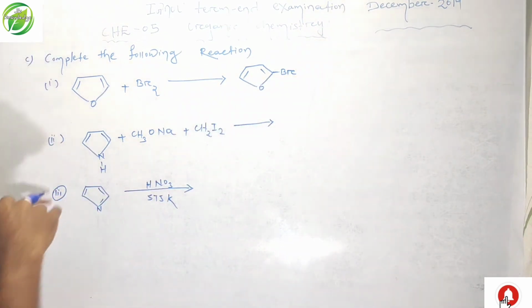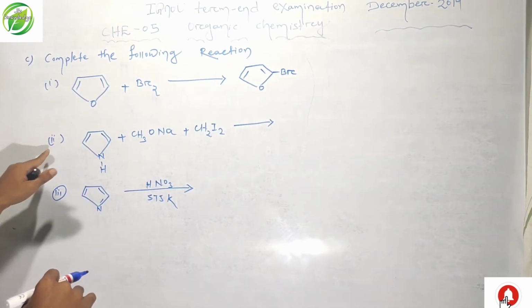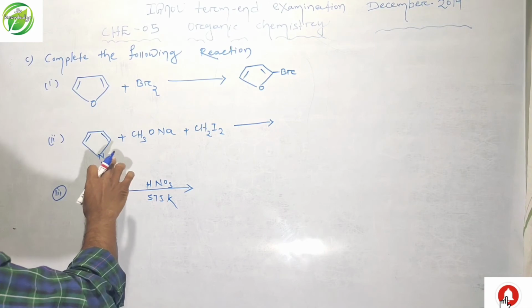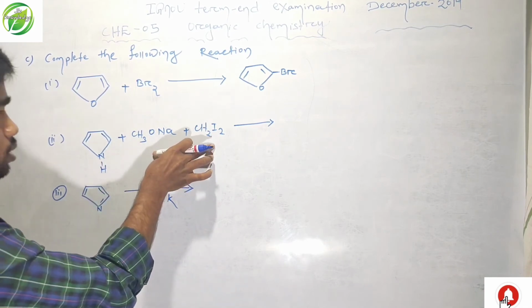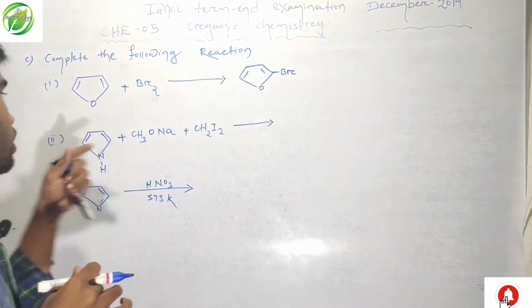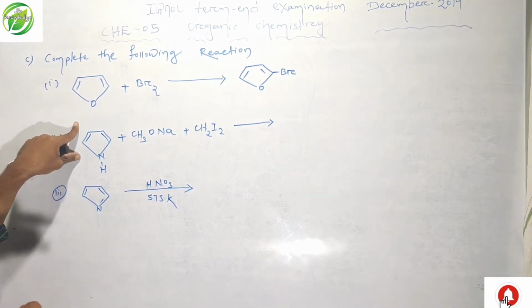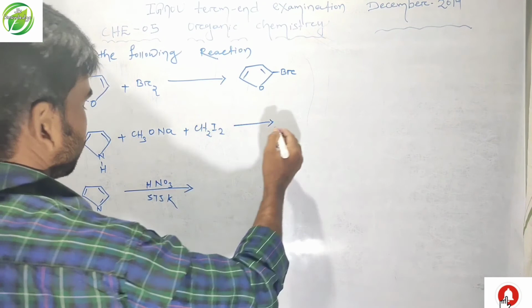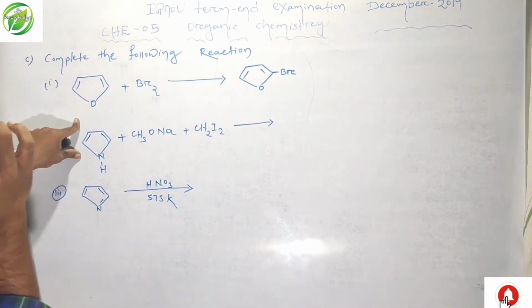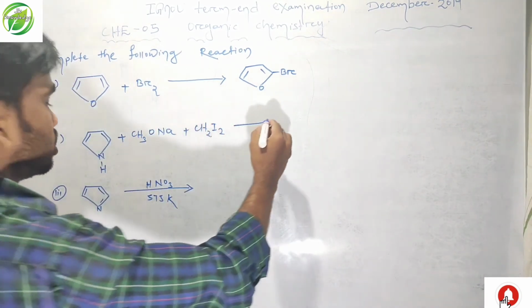This is question number 2. When pyrrole reacts with this compound, this is a ring expansion reaction. In the resultant product, the 5-member ring is converted to a 6-member ring.